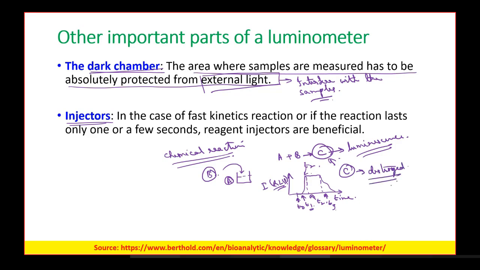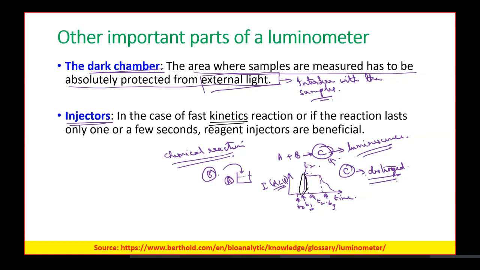Okay. So in this way, you will be able to understand how to find out the kinetics. At what rate has this luminosity increased? You will be able to tell at what rate C has been produced, so you will be able to do some kinetics study.